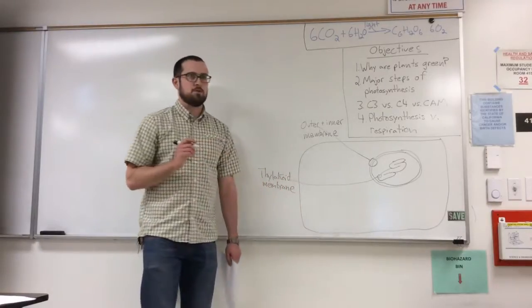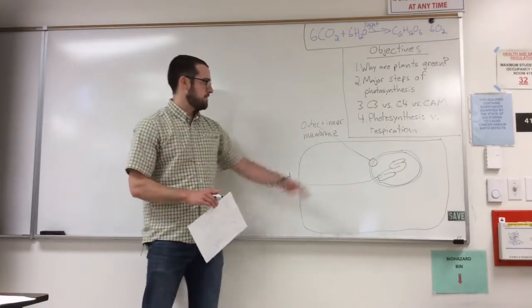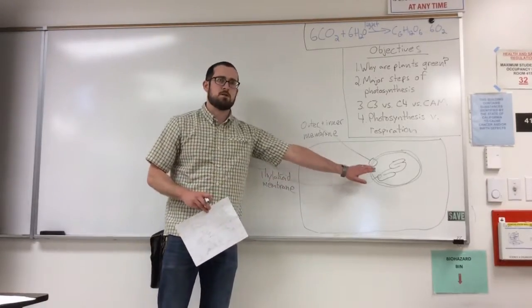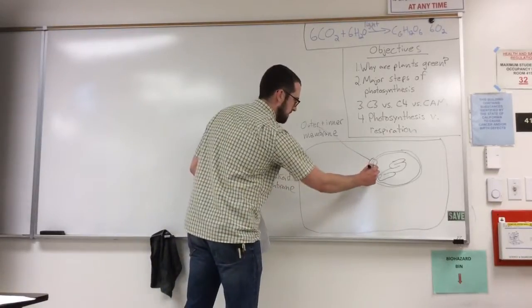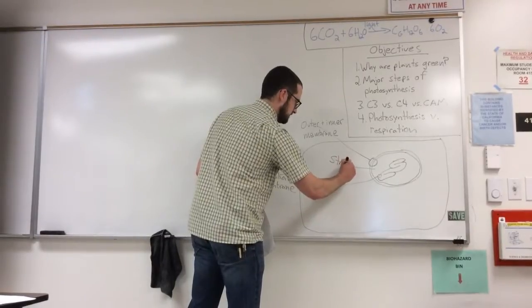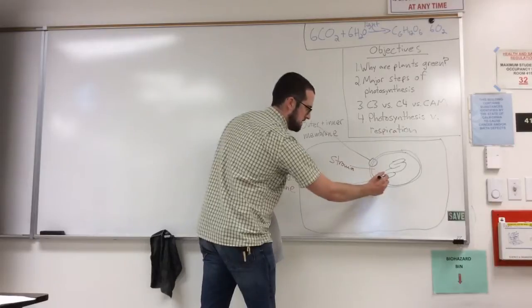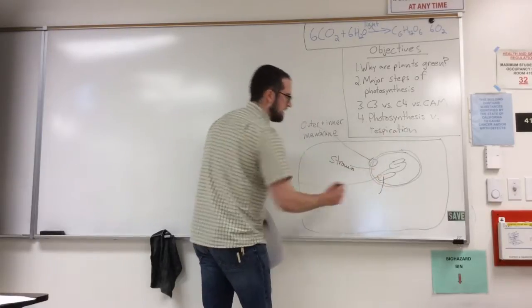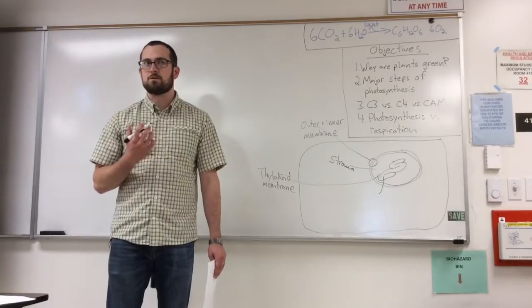All right, and so the space that is in between the outer and inner membranes of the chloroplast here and the thylakoid membrane is called the stroma. And one last component to know about, and that is the space that is inside our thylakoid membrane, and that's going to be called the lumen.